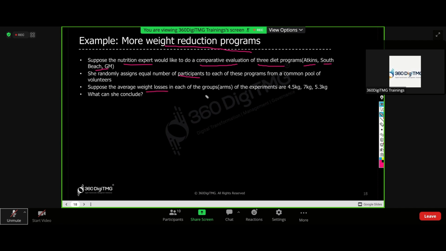And the average weight loss in each of these groups is 4.5, 7, and 5.3 kgs. So in this case, what can the nutrition expert conclude when it comes to the weight reduction program for 3 different groups of volunteers?